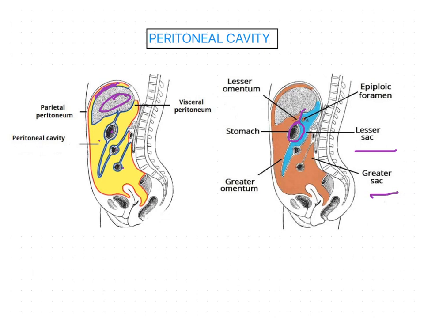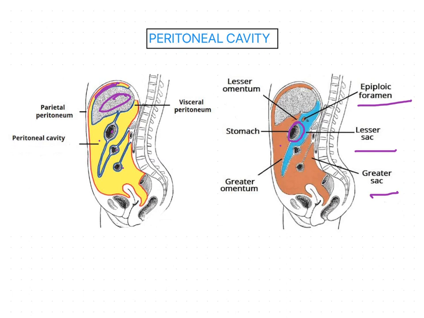The lesser sac occupies the area behind the stomach, the lesser omentum and the liver, and the greater sac and the lesser sac are connected by a foramen called the epiploic foramen. This foramen is also called the foramen of Winslow or opening into the lesser sac.